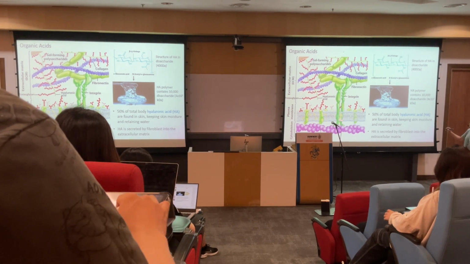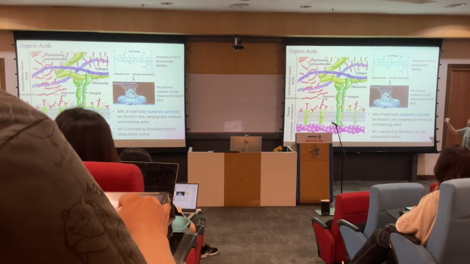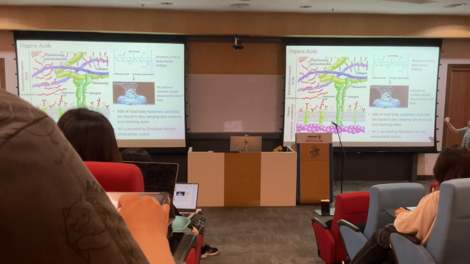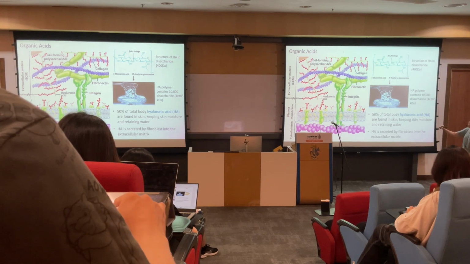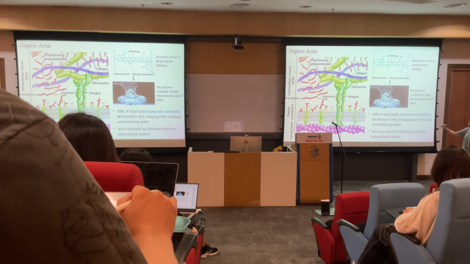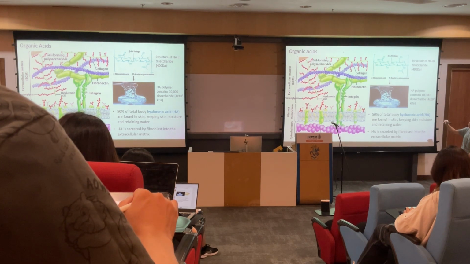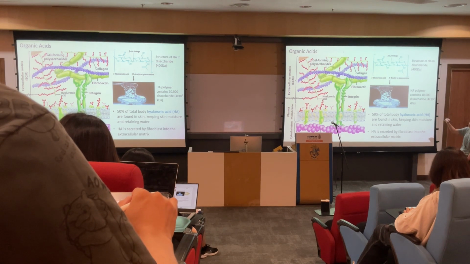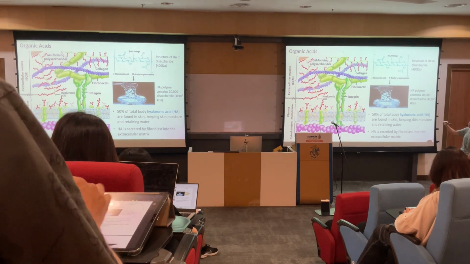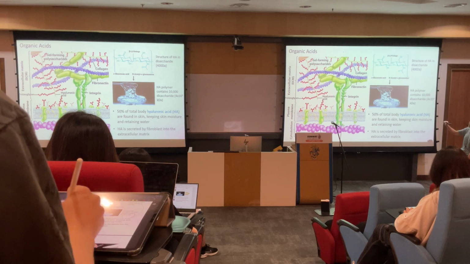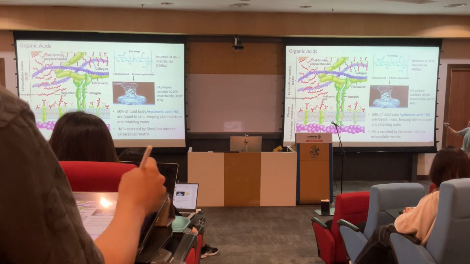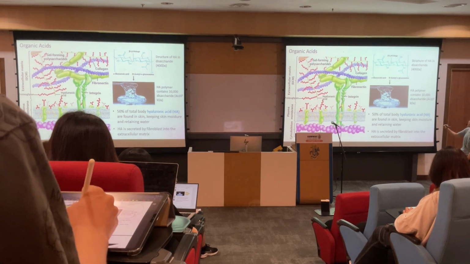This is a cell membrane, this is the extracellular matrix. You find the hyaluronic acid is secreted, for example by a fibroblast, the skin cells, which secrete hyaluronic acid into the extracellular matrix. It conjugates with the proteoglycan, some kind of sugar, and they form a mesh.